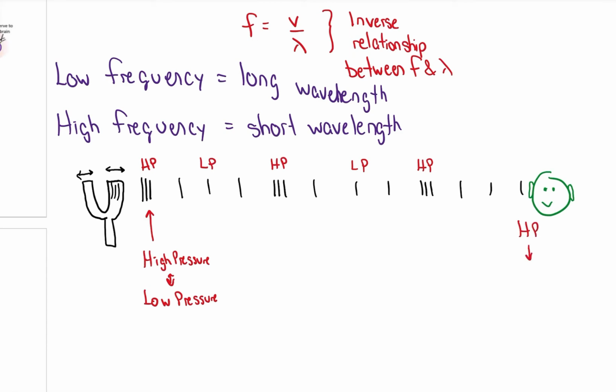High pressure to low pressure, and then back to high pressure. That air outside your ear wobbling from high pressure to low pressure over and over again is going to push your eardrum around. Your eardrum gets pushed into your head for a high pressure, and pulled out of your head for a low pressure.